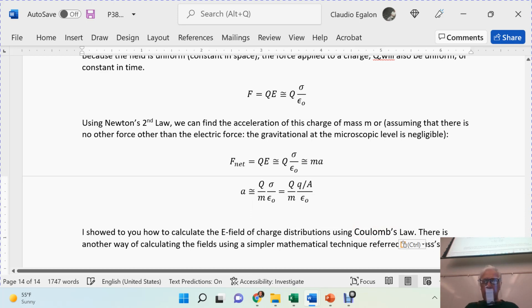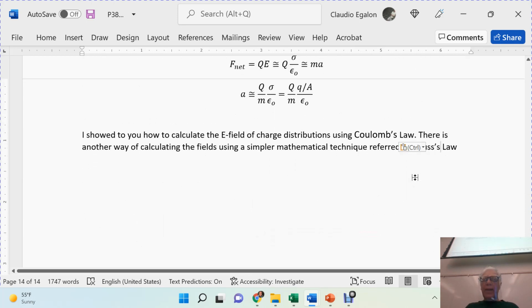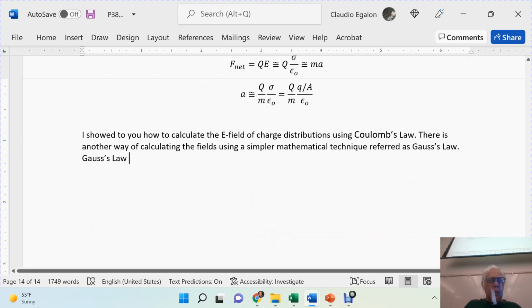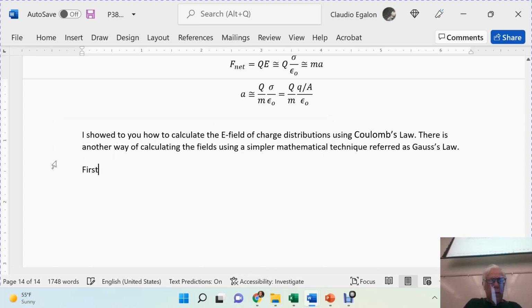Huh. Yeah, now it didn't complain. Gauss's law, yeah. Let me show you how Gauss's law works, okay? First, let us formulate Gauss's law.